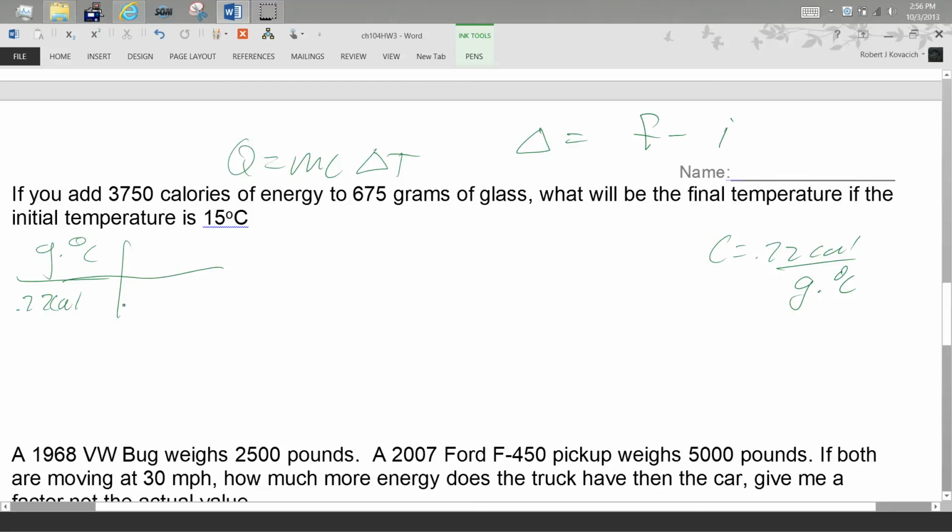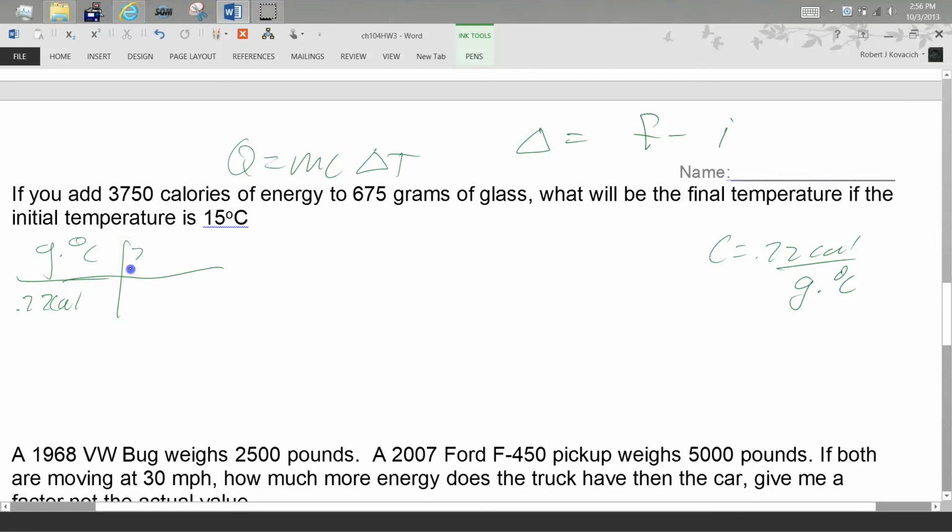So if this is the value that you would get out of the book, is it okay for me to flip it over? Why is that all right? Give me an example of how you know that's okay. Yeah, a foot is 12 inches, whether it's in the numerator or the denominator. So same situation here. So what I'm going to do is now I need to get rid of the grams and the calorie part.